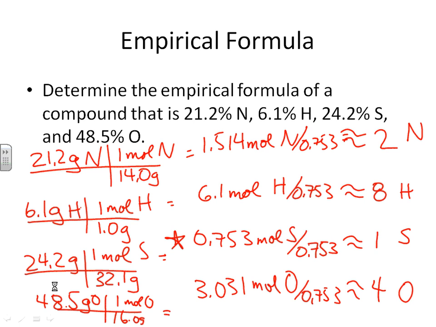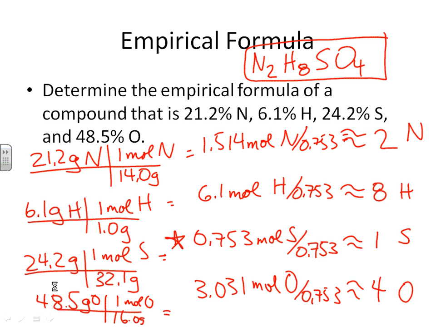Now these are integer values, so we don't need to do anything additional in terms of multiplying. So we can just go straight to the empirical formula, N2H8S1. You don't need to write in the 1, and O4. N2H8SO4. In fact, this compound is actually ammonium sulfate.